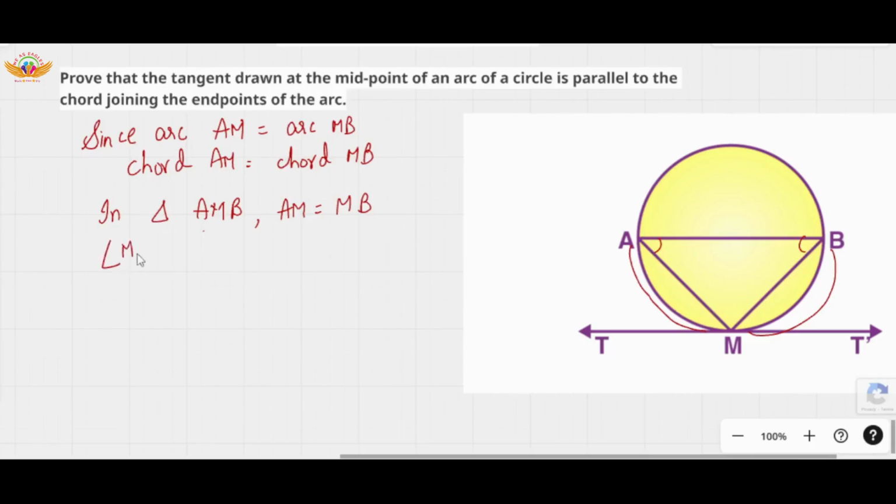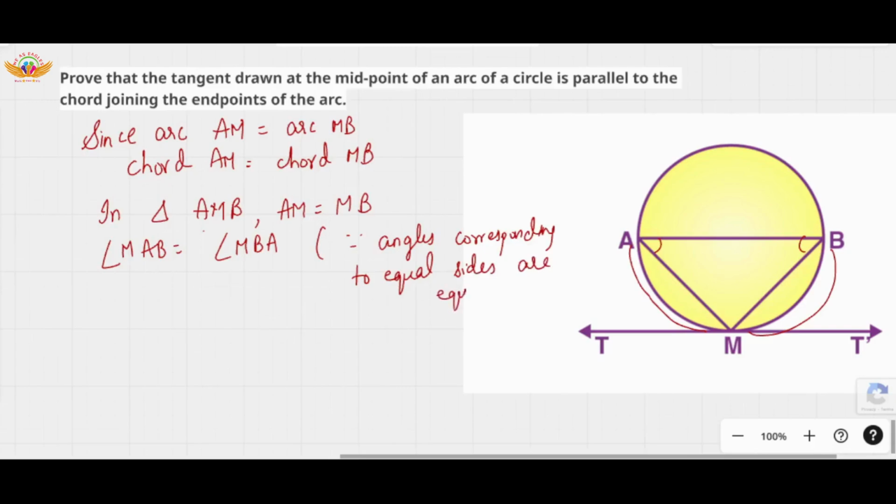Angle MAB is equal to angle MBA. Just write down: since angles corresponding to the equal sides are equal. You have to mention this.